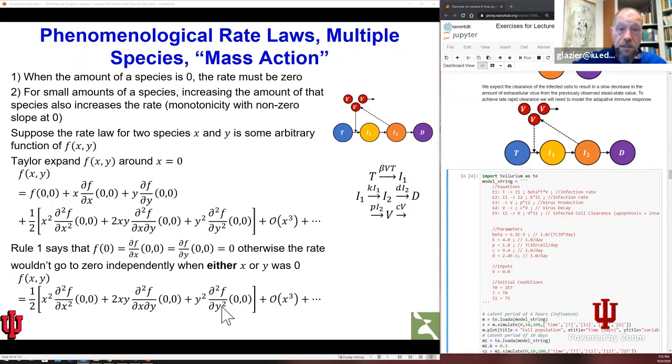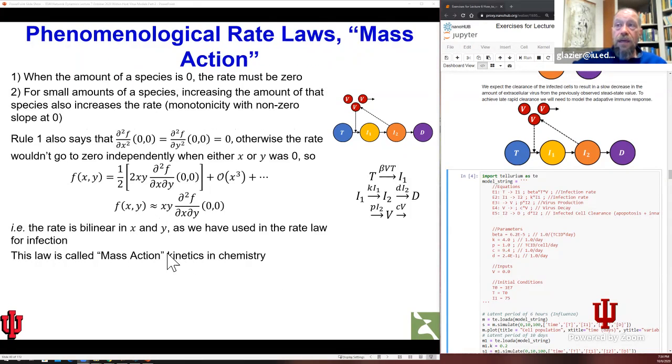That means that's not 0 when x is equal to 0 unless the second term is 0. So this first term and this third term have to be 0. And that leaves me with the lowest order term I'm allowed, f of x, y, is 1/2 times 2xy d squared f dx dy. That has to be positive.